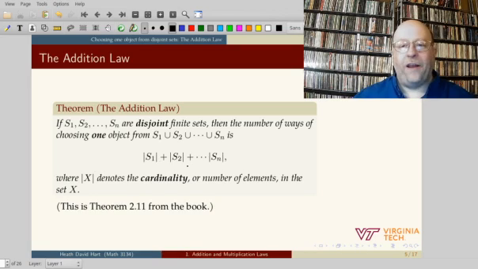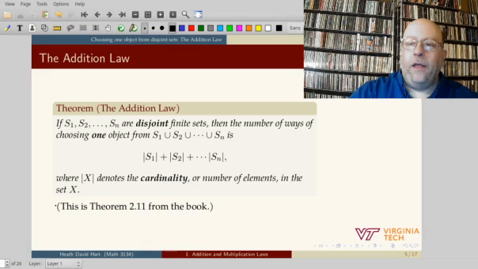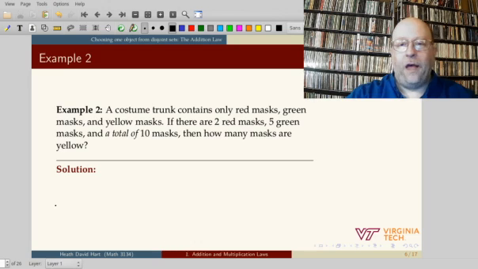This is in the book, Theorem 2.11, but it is the first principle we're going to look at today: the number of ways of choosing an object from a collection of disjoint sets is just the sum of the number of elements in the individual sets.